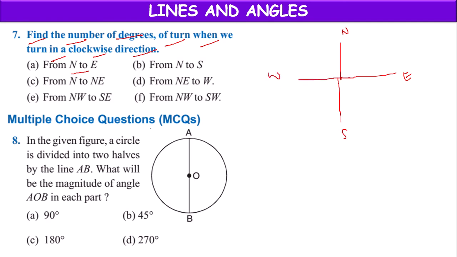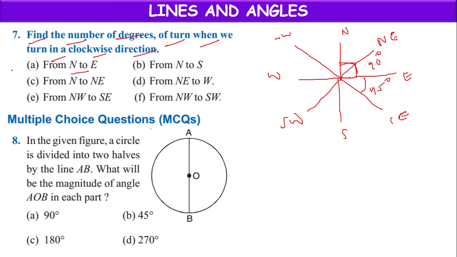These are the directions. Midway between them, we will have northeast, southeast, southwest, and northwest. Between north and east, the angle is 90 degrees, and this midway part will be equal to 45 degrees. This complete part will be equal to 90 degrees.